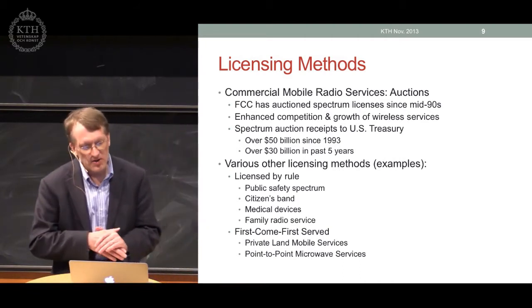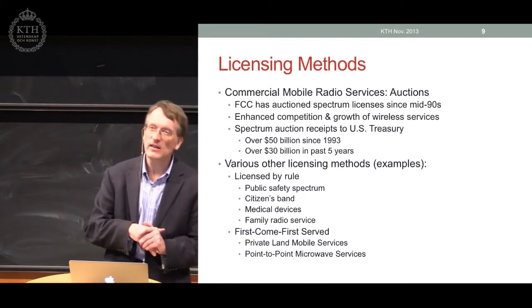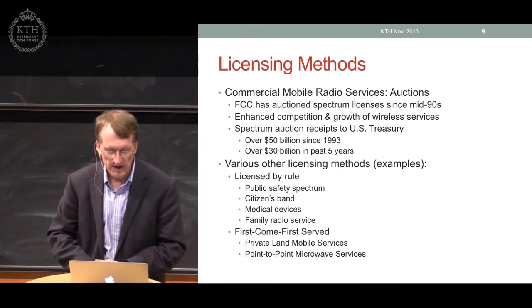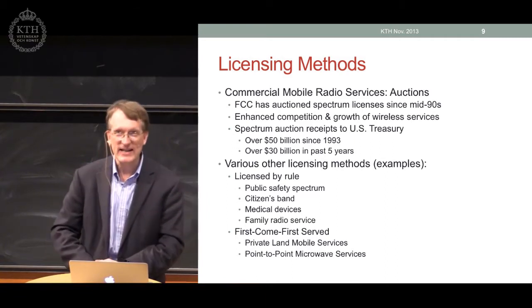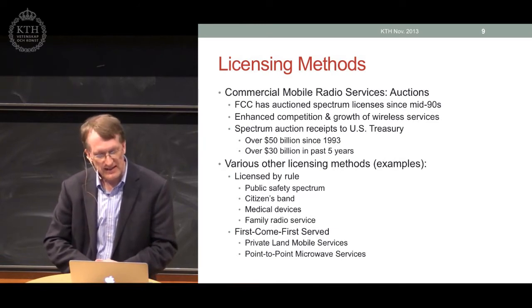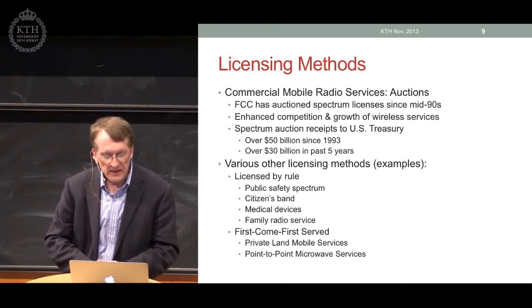So nowadays, almost all countries auction off spectrum in huge, billion-dollar or billion-euro type auctions, since the mid-1990s. The first auctions actually were done by the FCC, and it slowly spread.